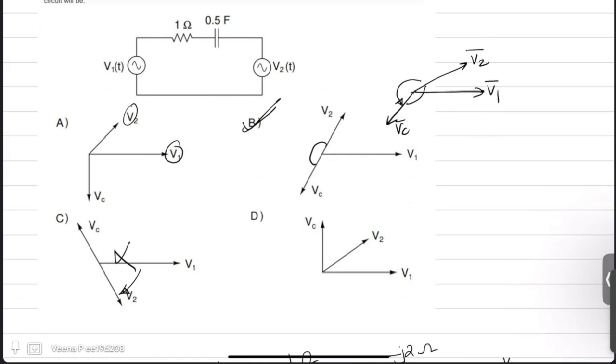This is the answer. The difference between V1 and V2, which is your V, we obtained it as minus root 3 angle 90, or it is root 3 angle minus 90. So your V is here.